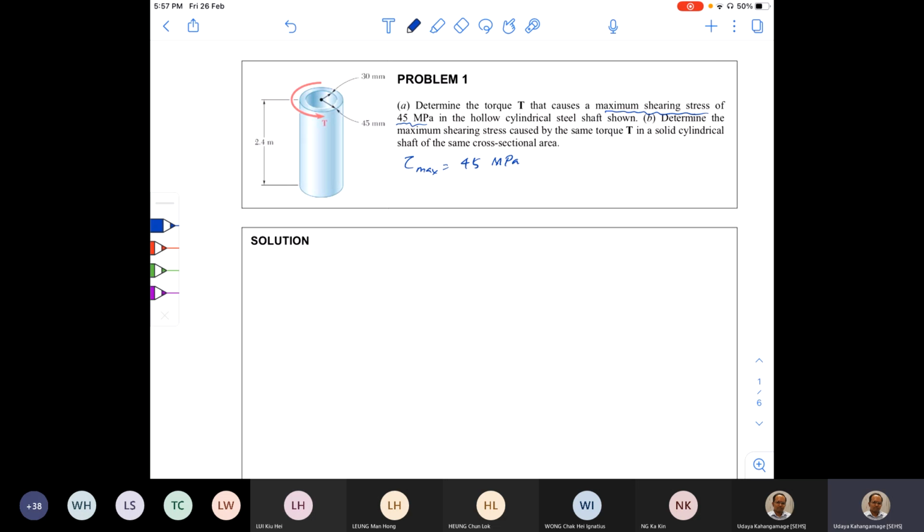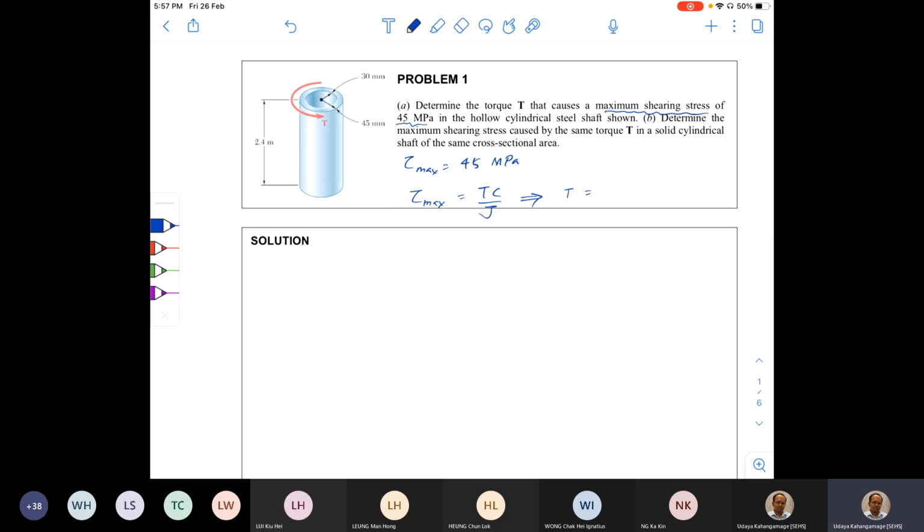So if tau max is given and you want to find the torque T, we have to use the torsion formula. The torsion formula says that tau max is equal to Tc over J. This is what we have learned today, right? We want to find the torque T that creates tau max.